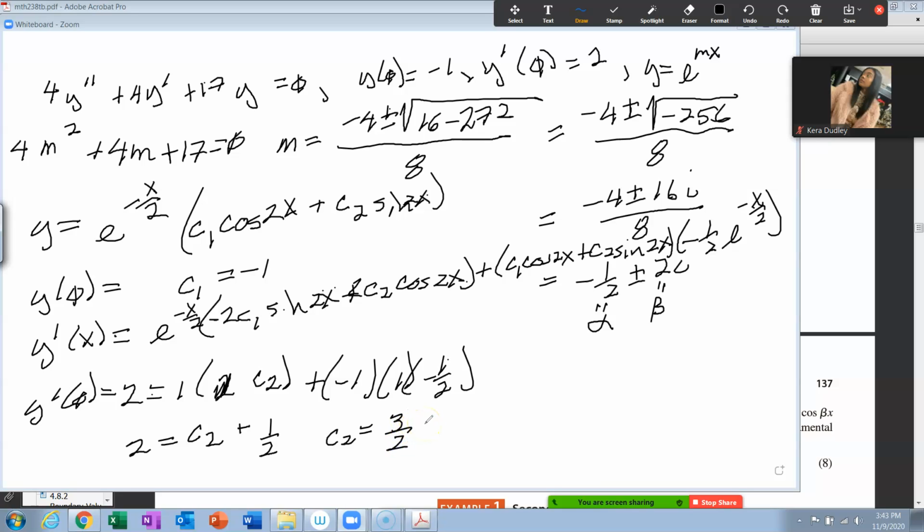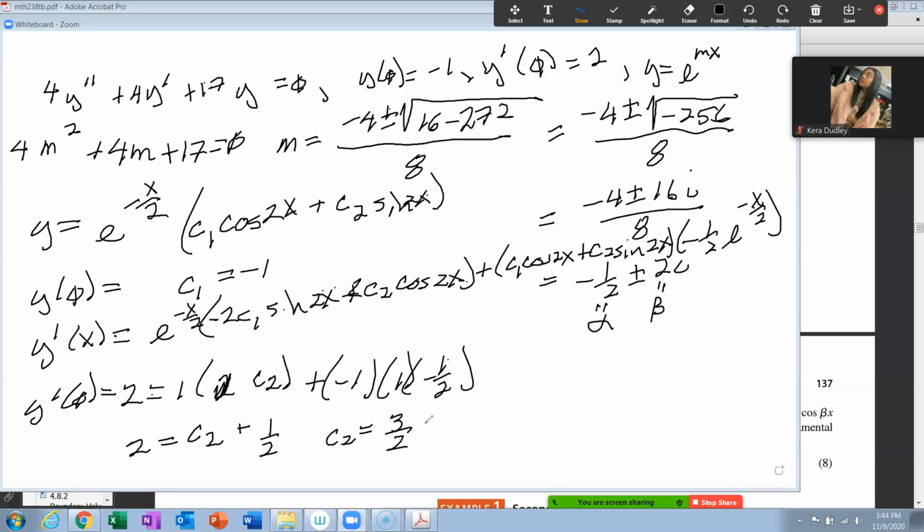Did I get it right this time? I don't think so. Okay, sorry about that. What is c2 equal to? They get 3/4. Have I just made a dumb mistake, or is it worse than that? We are almost out of time.